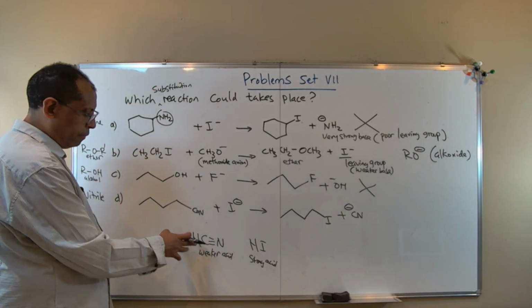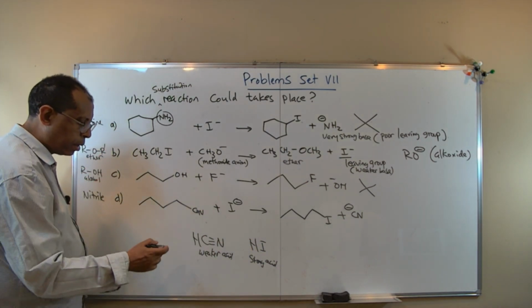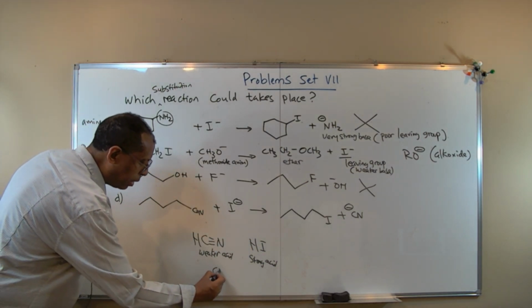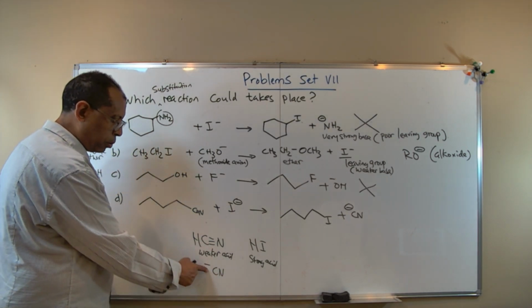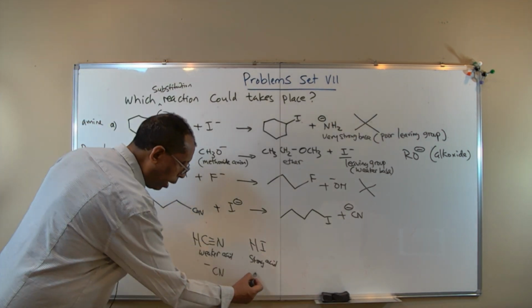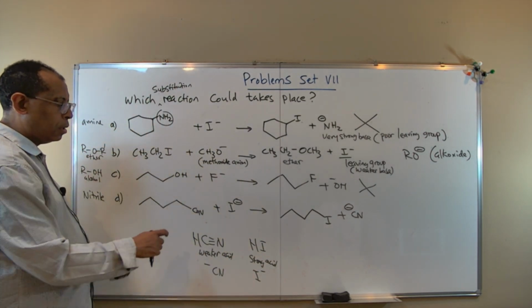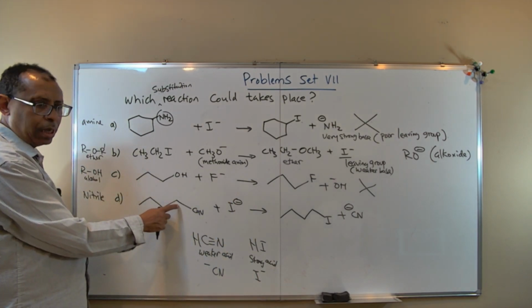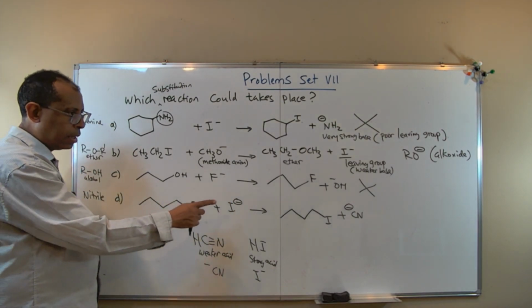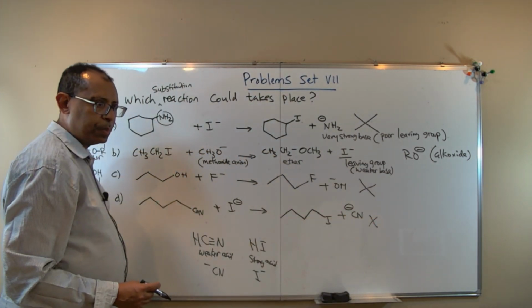So if you have HCN and HI, it's just to compare. Therefore, CN minus is a stronger base as a conjugate. Iodide, as a conjugate, is a weaker base. So the iodide cannot replace the CN. So that reaction cannot go as it is written.